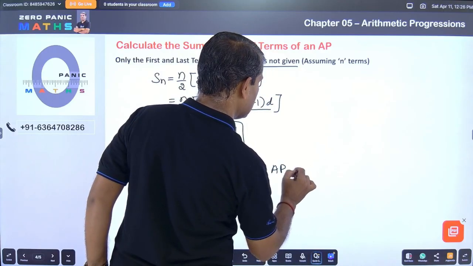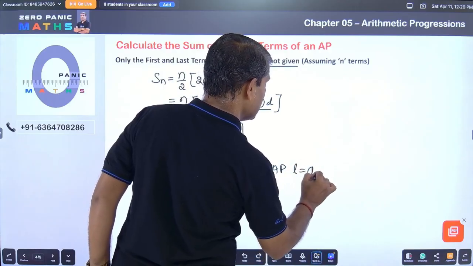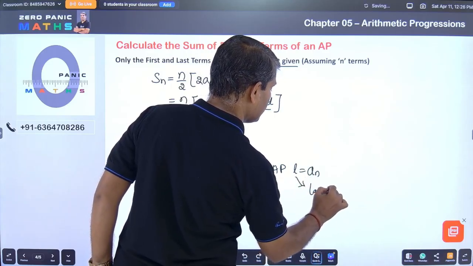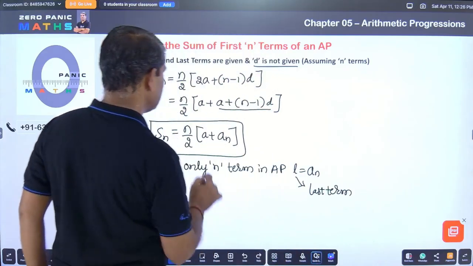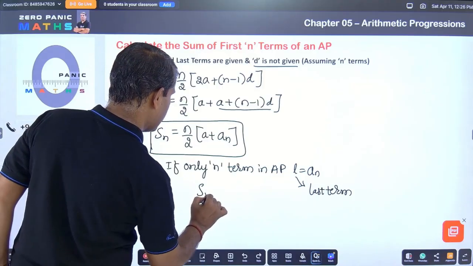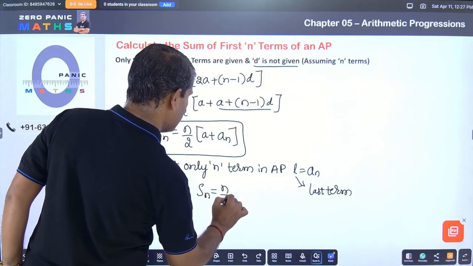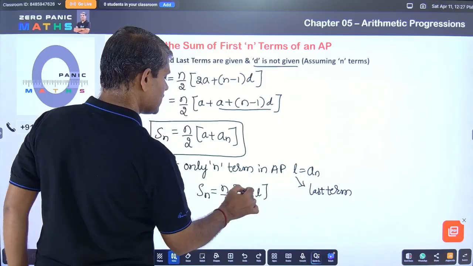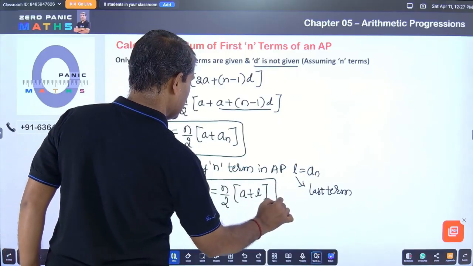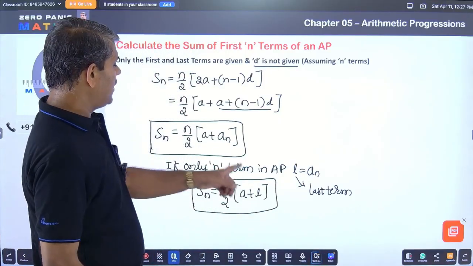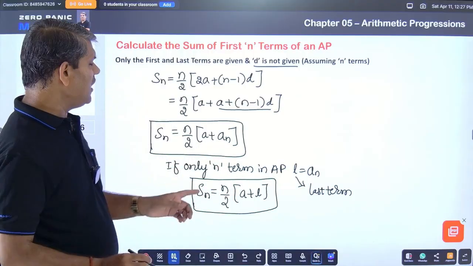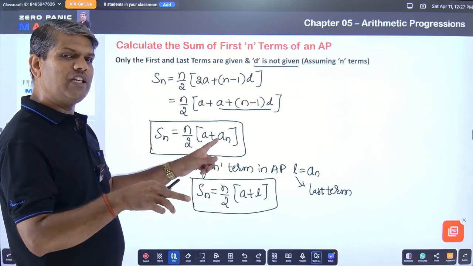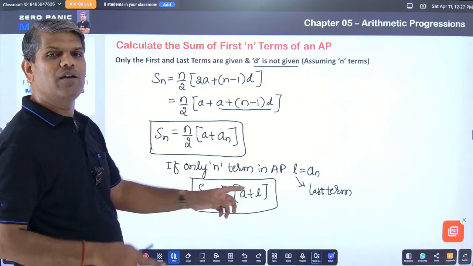If you represent it as the last term, then I'm simply modifying this: Sn is equal to n by 2 into a plus L, where a is the first term and L is the last term. Just a simple difference: an is the nth term, and if that nth term itself is the last term, then it is the modified formula.